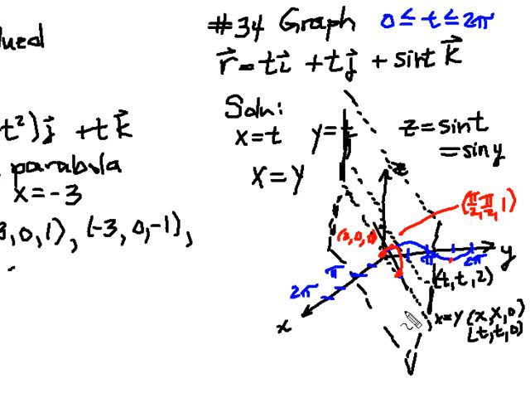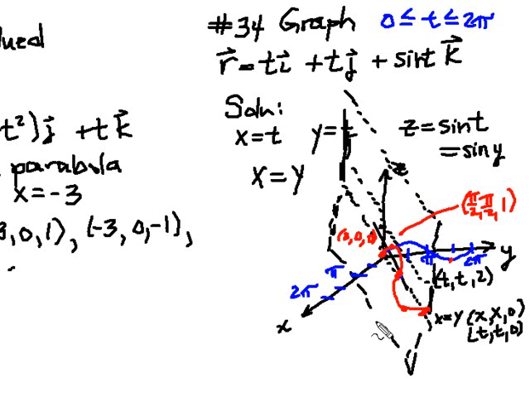Now we need to put in our direction. So when t is equal to 0, what is r going to be? Well, r of 0 we already said was 0, 0, 0. So this is the initial point, the starting point for our vector valued function.